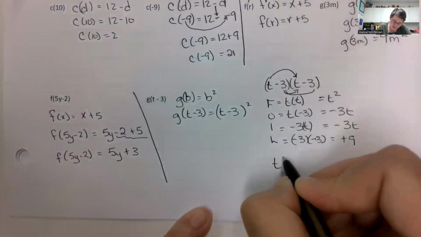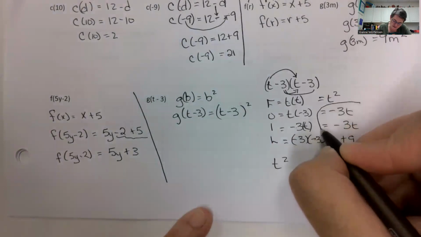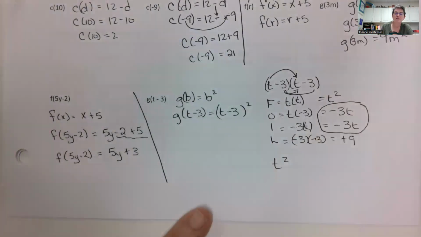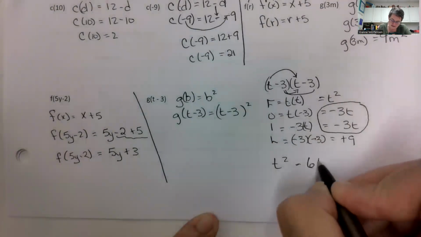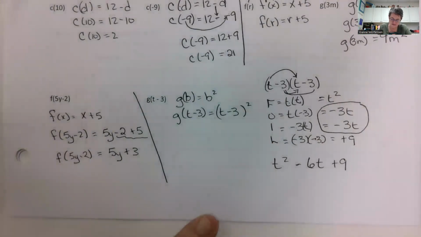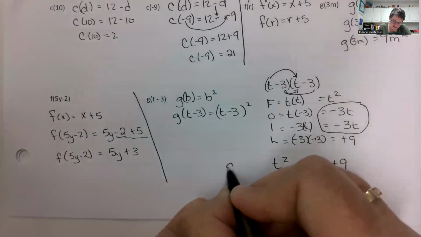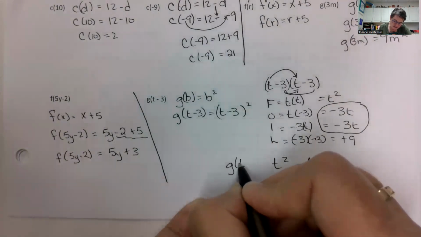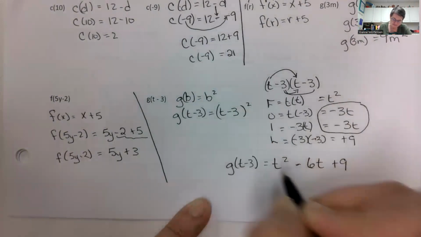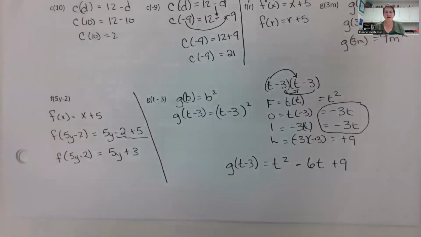So I've got T squared. Now these two are like terms. I can combine them. Careful. Minus 6t plus 9. So G of T minus 3 is equal to that. Ta-da!